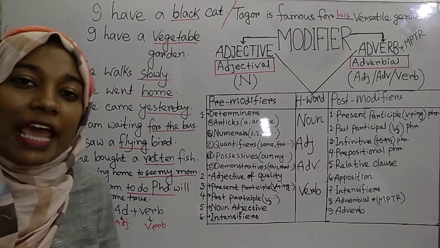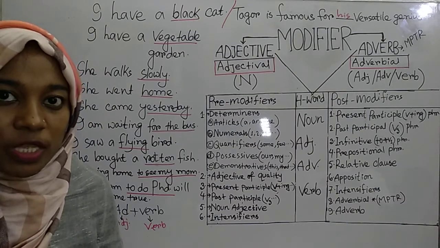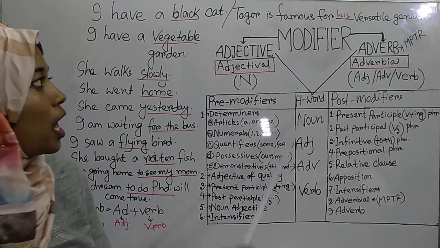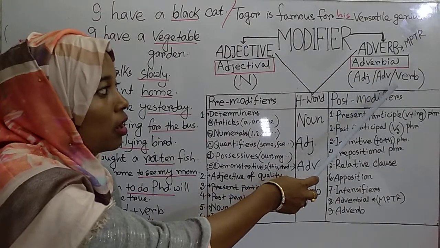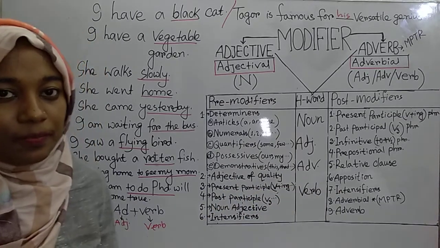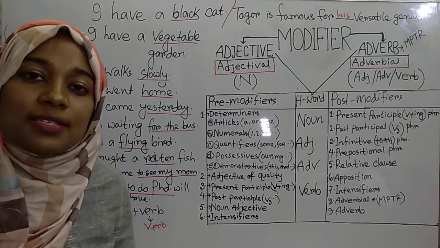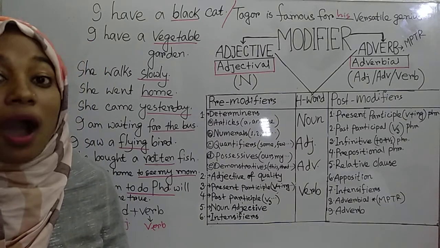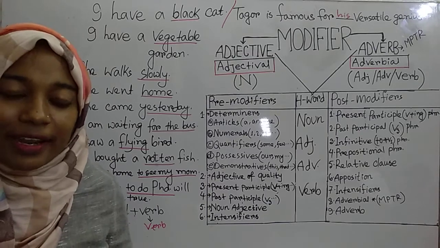So, an adverb is a word that gives extra information about an adjective or a verb or another adverb. So actually, adverbs are the answers to the questions how, where, when, and why.